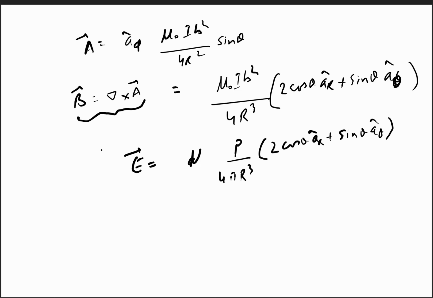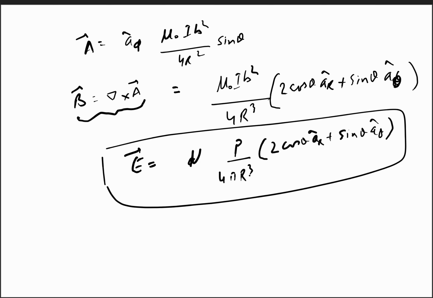As far as I remember, this was the field due to an electric dipole. So it is similar. If I multiply and divide with pi, I have the same form: mu naught upon 4 pi r cube, m, 2 cos theta a_r plus sin theta a theta. So the forms are similar for both cases.